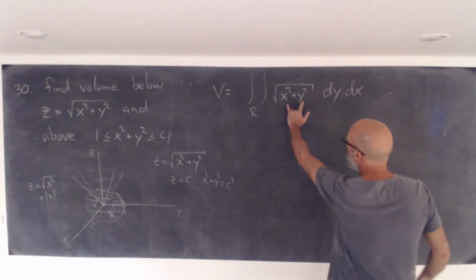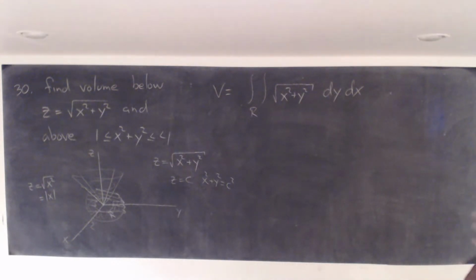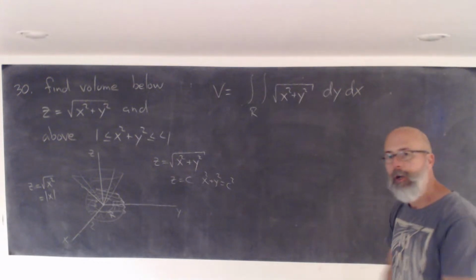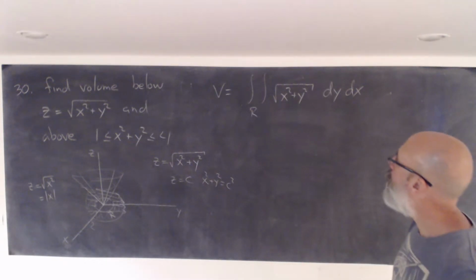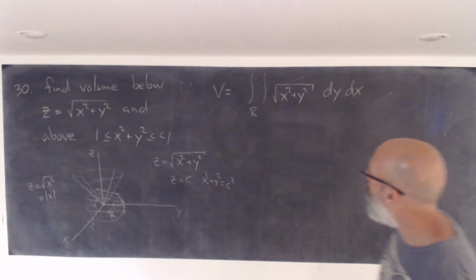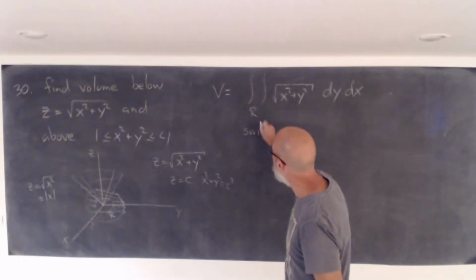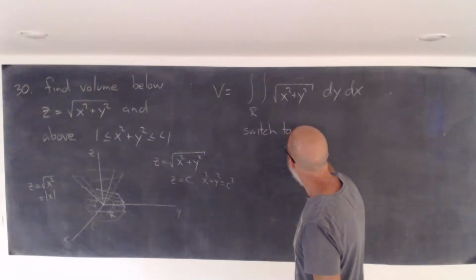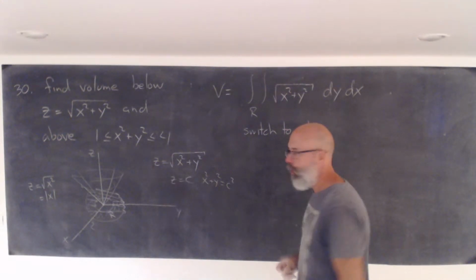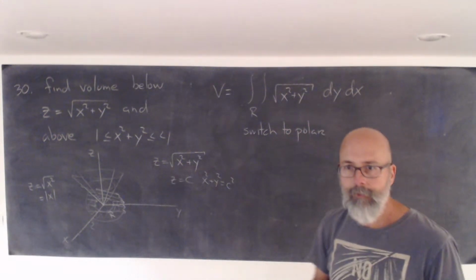So not only a trig sub, but 4 trig subs, because you're splitting it up into 4 pieces. Way too much work. We're going to switch to polar and hope for the best.